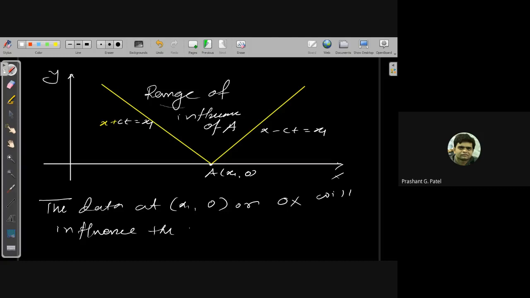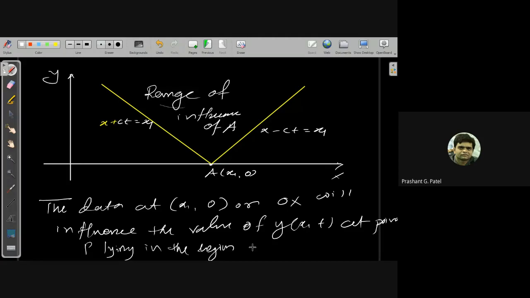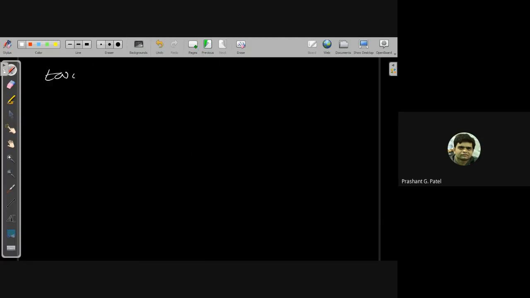It influences the value of y(x, t) at a point P lying in the region bounded by the two characteristics passing through A (x1, 0).